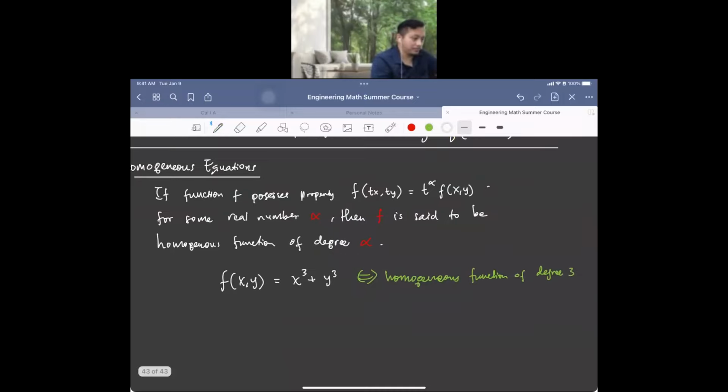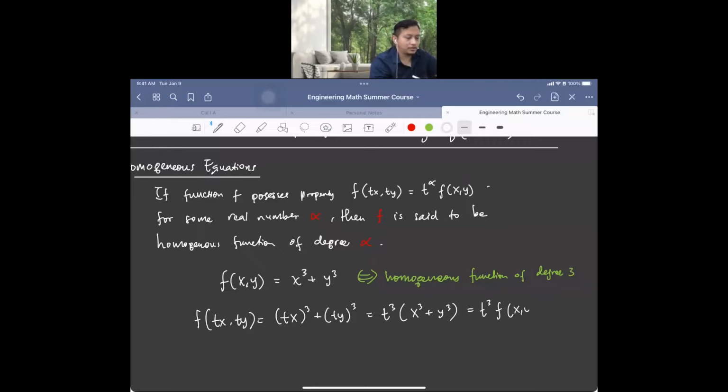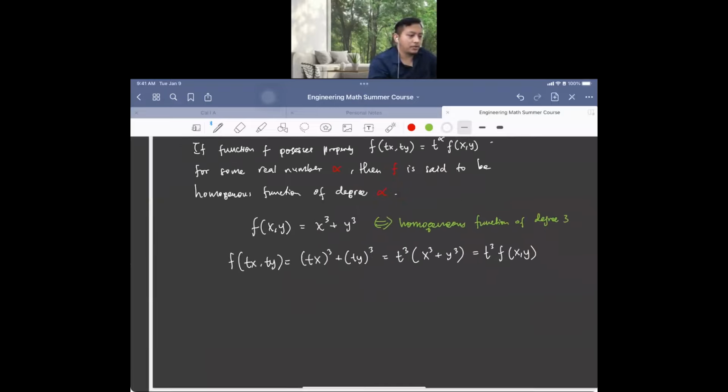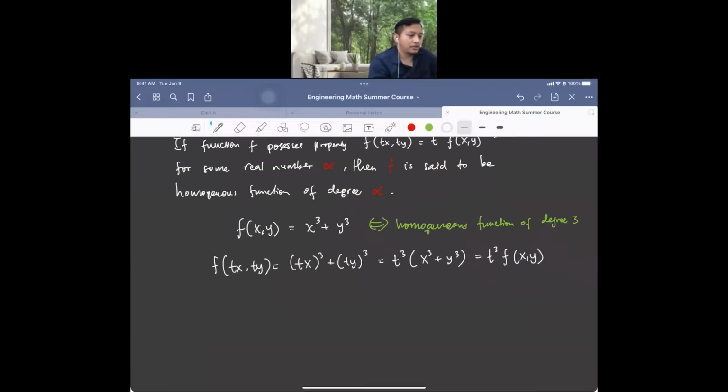Since we can take out t cubed in front of the x cubed plus y cubed. The degree is just the polynomial degree.